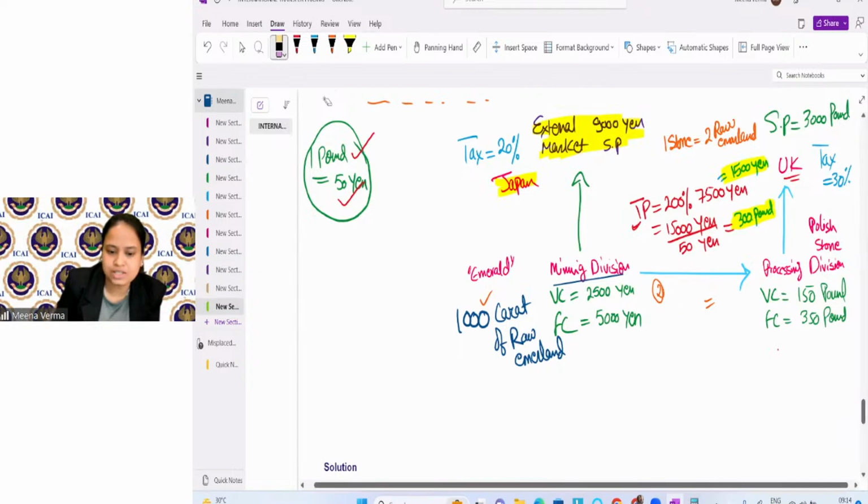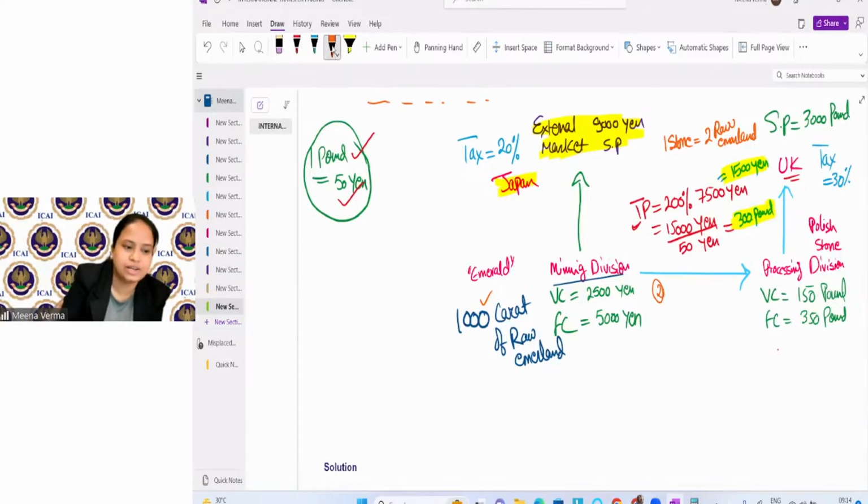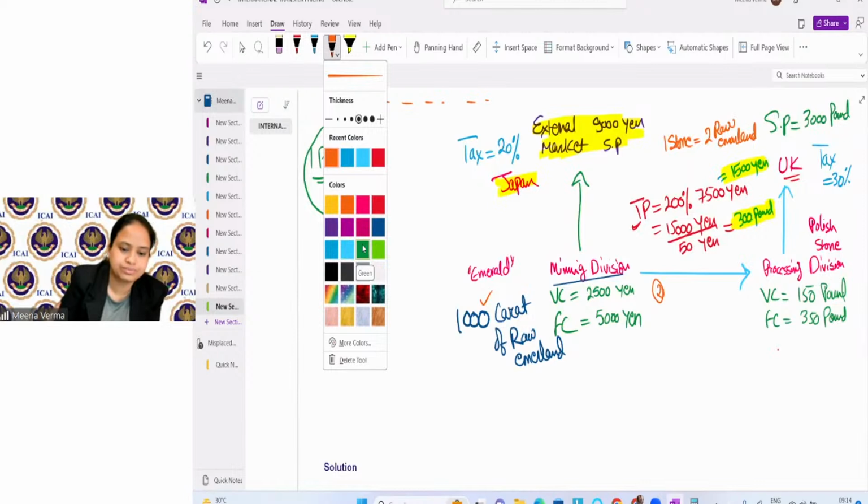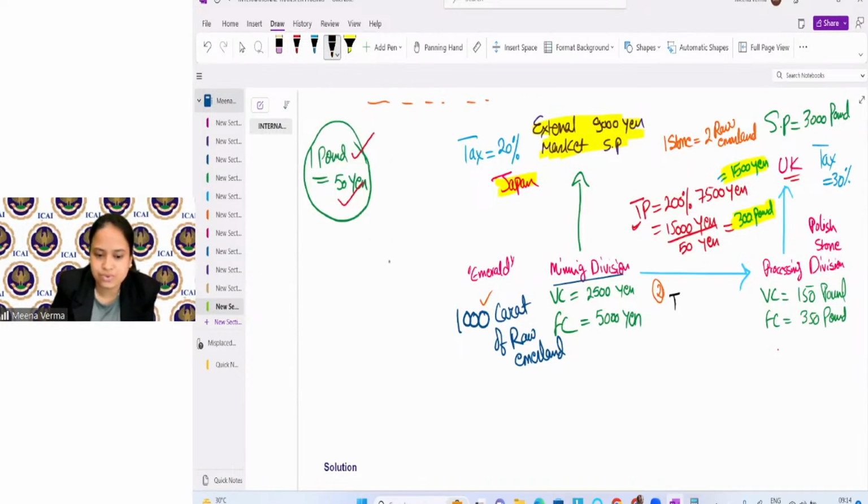So the transfer price using the market price method will be 9,000 yen. In the external market, they managed to sell it at 9,000 yen, so 9,000 yen will be the transfer price per unit.